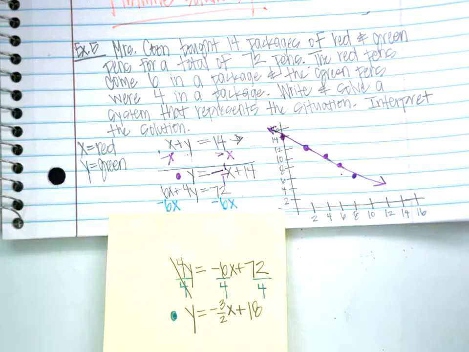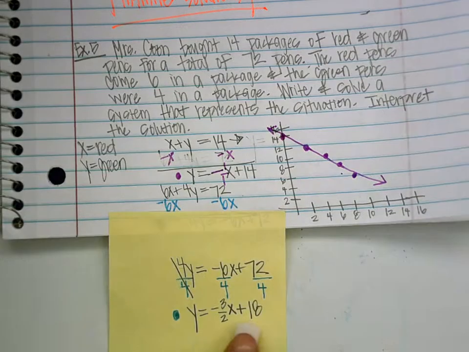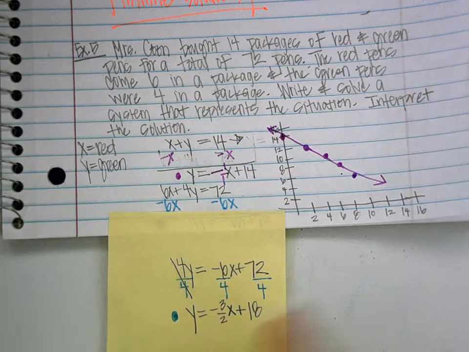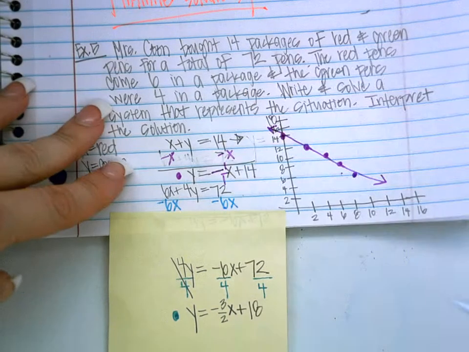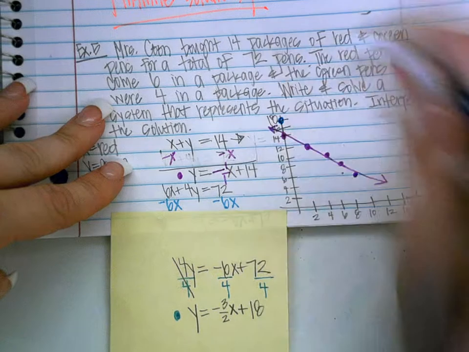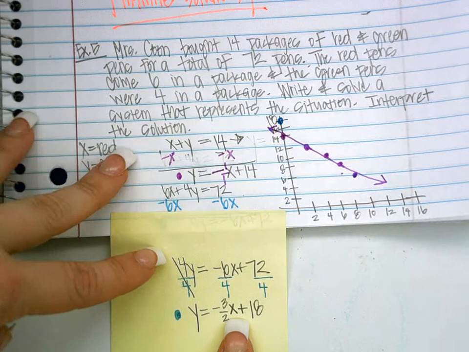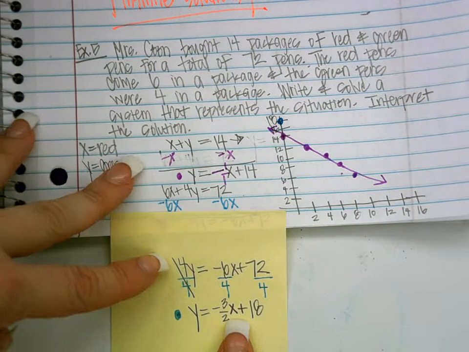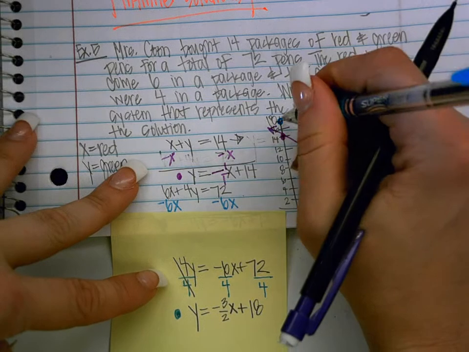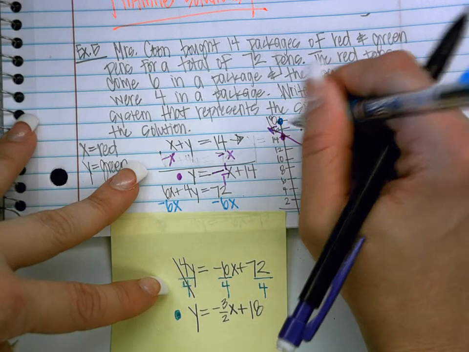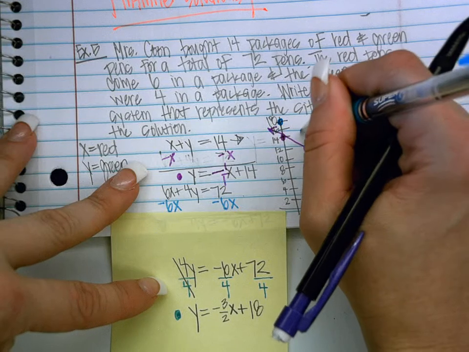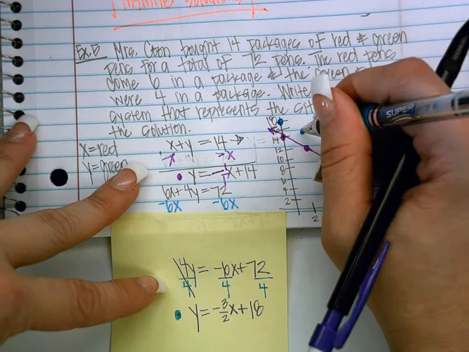How about for this one? Where should I make my first point? At 18. How do I move for this one? Down 3 over 2. So from 18 you have to move to 15 and over 2. From 15 you move to 12 and over 2.